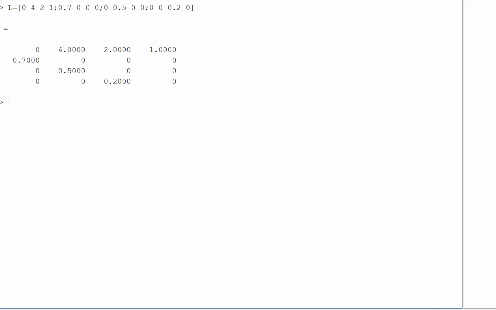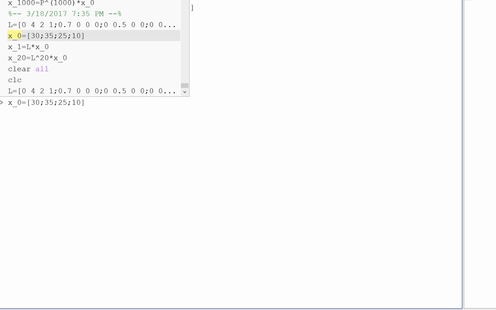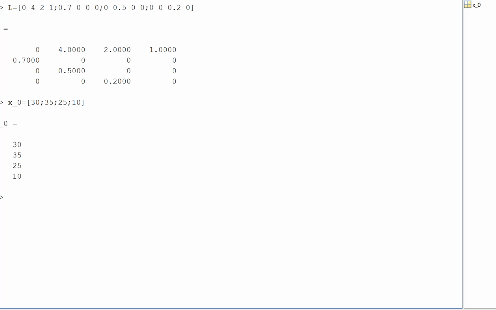Okay, so let's continue here in MATLAB. If we type in our matrix L and our matrix for x naught, we can compute L times x naught, and let's label that x sub 1. And so what we find is the 200 and the 21, which we already found, but we also get 17.5 and 5 for our other components.